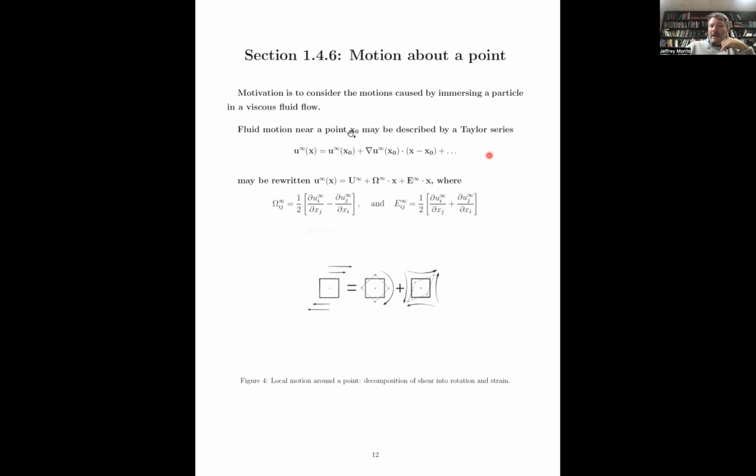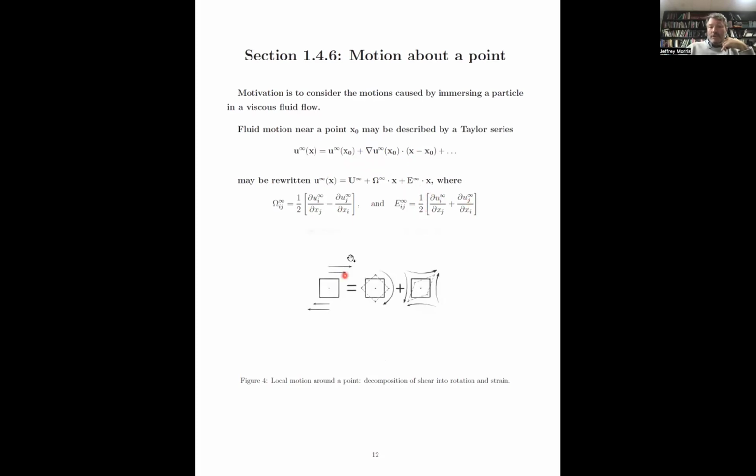The value of this Taylor series description is that it allows us to think about writing u infinity in terms of the velocity at a point plus a linear velocity field around it. So here, omega infinity is basically the vorticity tensor, the anti-symmetric tensor. And this is the symmetric tensor, or the rate of strain tensor in the flow.